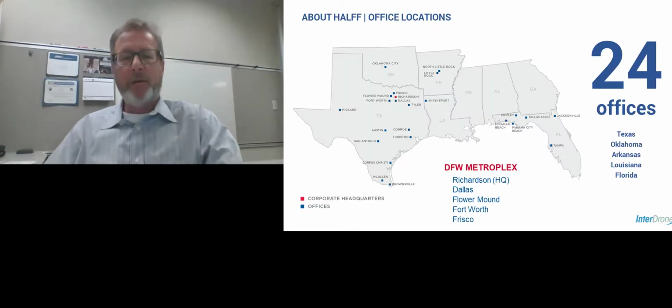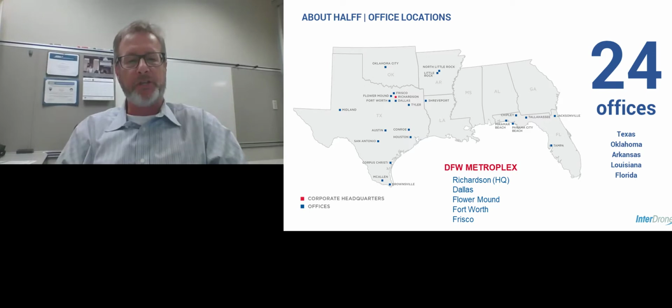So again, my name is Bill Swope, and I'm with Halff Associates. I'm the Survey and Business Development Manager here at Halff. And just to give you a little information about Halff itself, our headquarters are located in Richardson, Texas. We're in 5 states right now, and we've got 24 offices, so our footprint's getting a little bit bigger across the West, the Southwest and the Southeast.